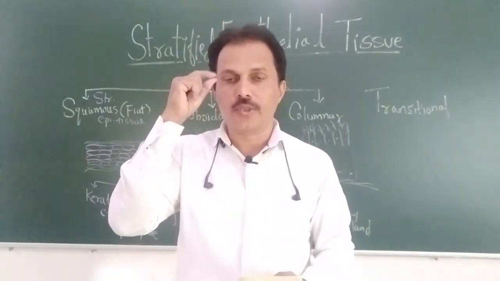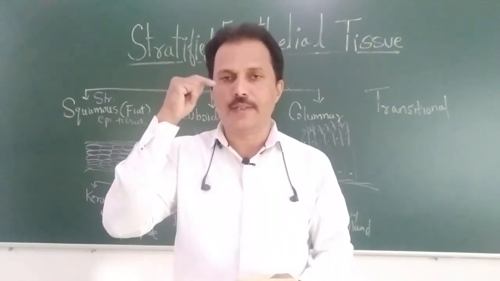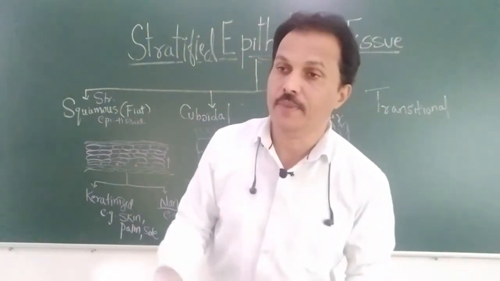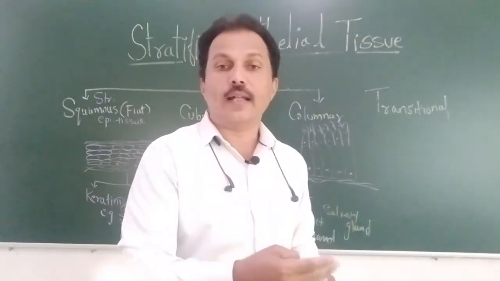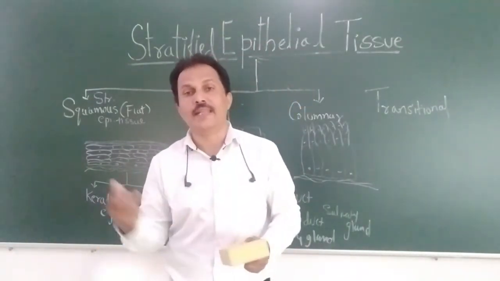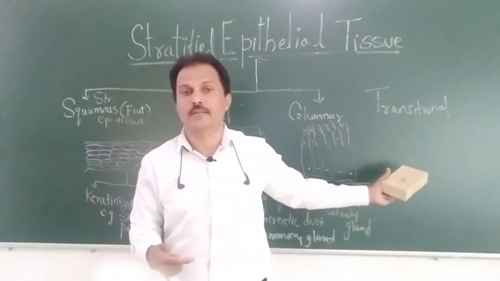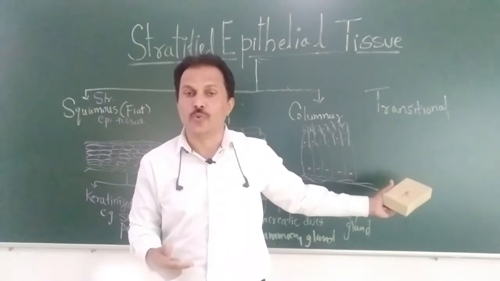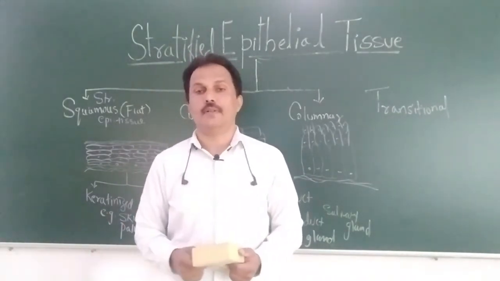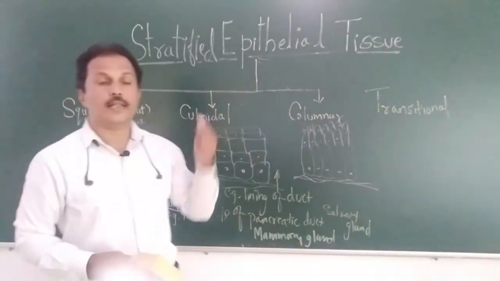When we close our eyelids, they touch the conjunctiva of the eyes, so there is always friction. Wherever there is more friction, you will find columnar stratified epithelial tissue. Even in the ducts of many glands you will find stratified columnar epithelial tissue. Also in the male urethra you will find this type of cells.